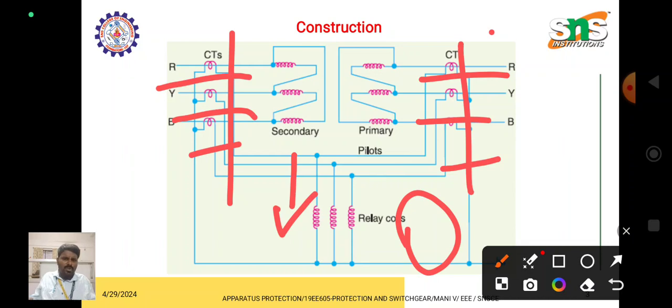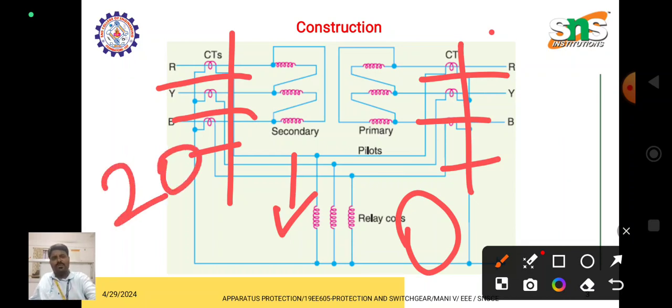But due to some fault, which may be an internal fault or an external fault, if the fault occurs in the power system near the transformer or within the transformer, the primary and secondary currents immediately differ. For example, the primary is 20 amps and the secondary is only 9 amps, so the difference is 11 amps. This 11 amps current will flow through the relay coil.